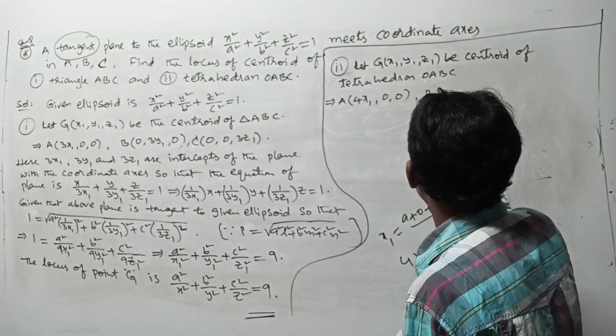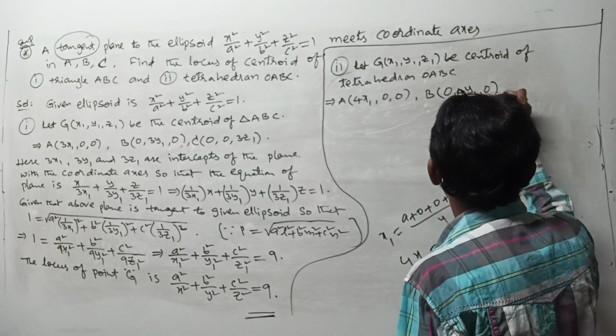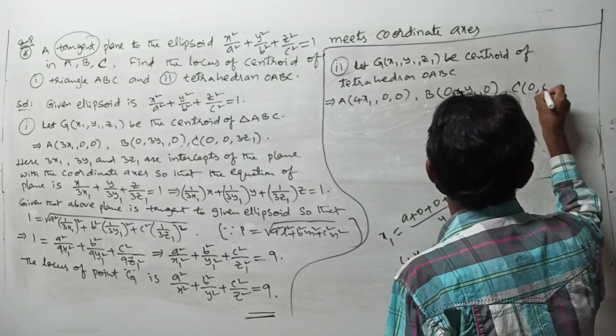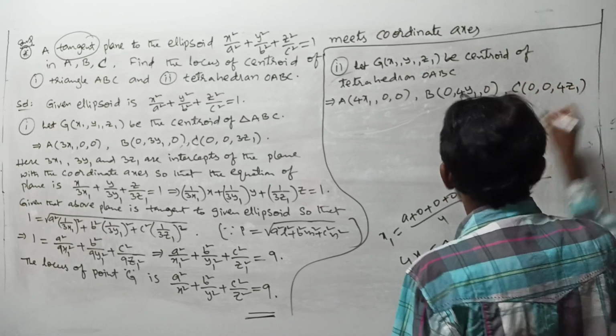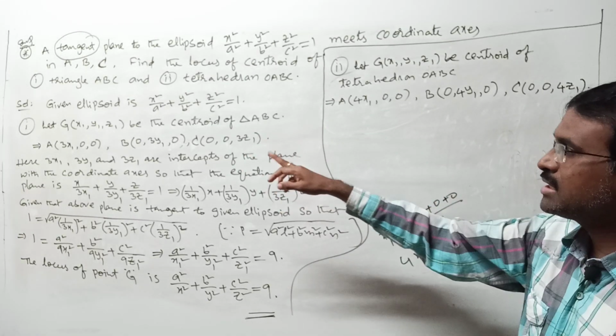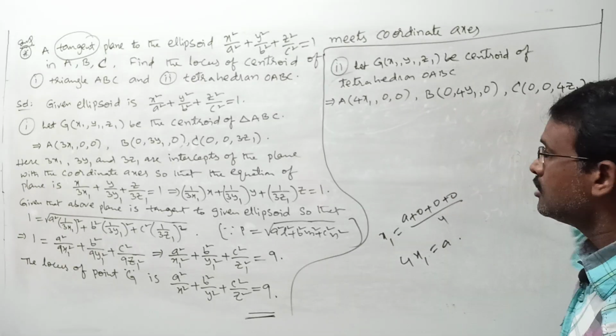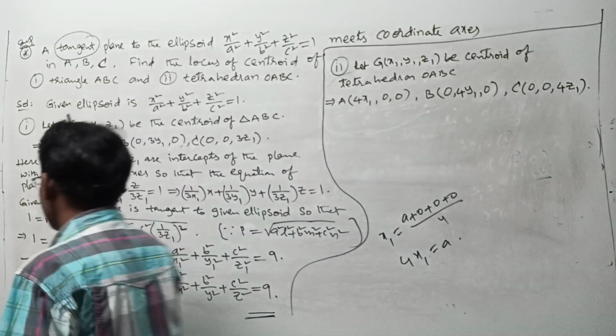In the similar way, the B point, can you guess, is (0, 4y1, 0), and the C point is (0, 0, 4z1). This is the only difference compared with the previous problem. There we got 3x1, 3y1, 3z1; here we get 4x1, 4y1 and 4z1. The remaining work you can do as usual.